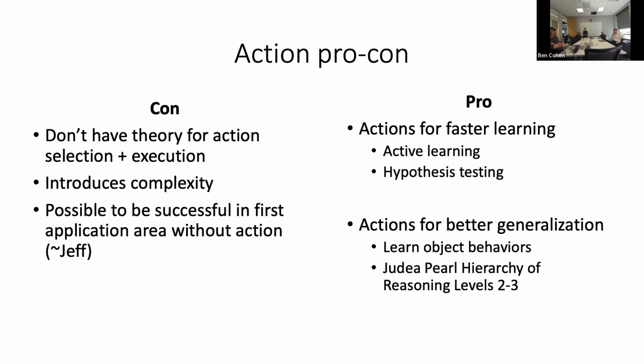Okay, now that I've gotten feedback from everyone, I want to frame the way the rest of this presentation should be interpreted, because I was actually anticipating that you would be hesitant to have all the object manipulation types of actions included right away. And I was going to be in favor of including all the object manipulation kinds of actions. Well, the way you phrase it here is so open-ended and generic that it fits what we're doing right now, right? Actions, faster learning, active learning, hypothesis testing.